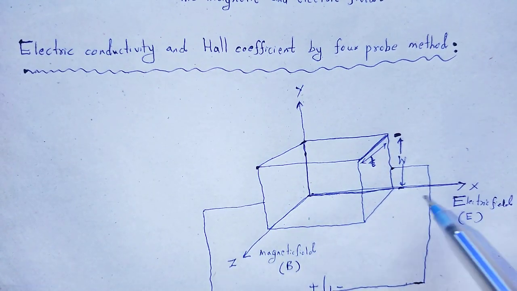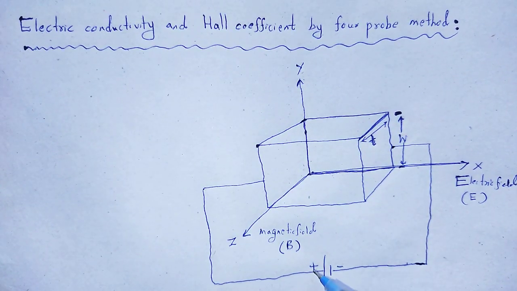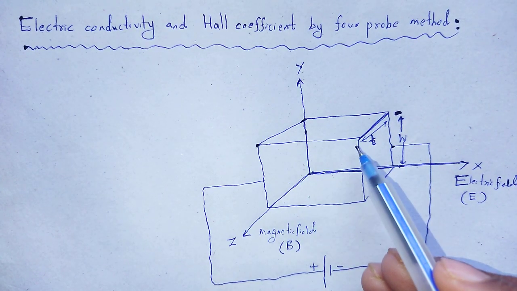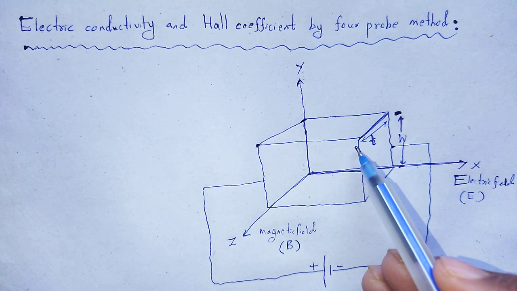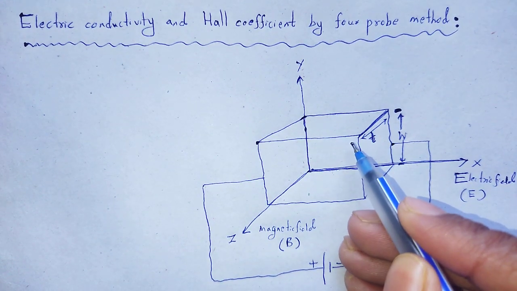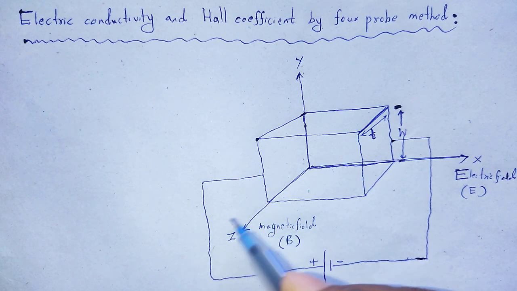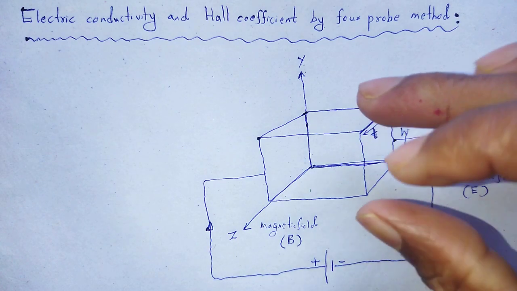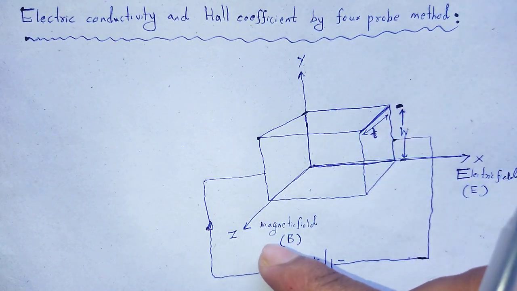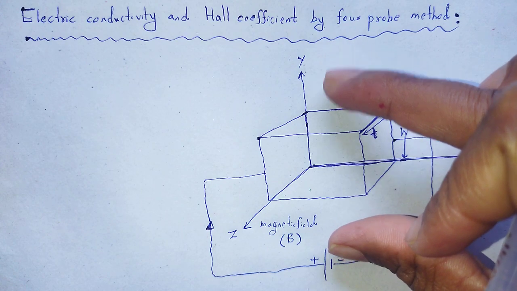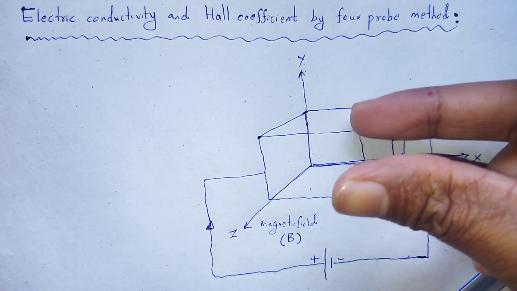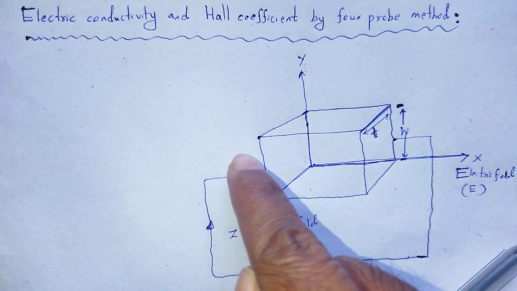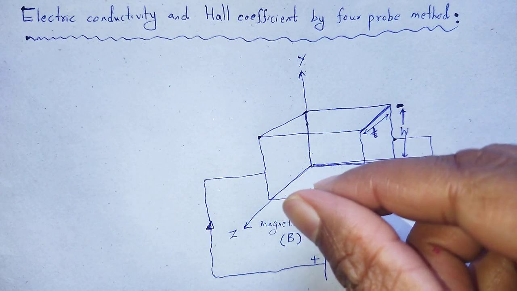The electric field is now along the x direction from positive to negative, with the movement of electrons opposite to the direction of flow of current, and the magnetic field is along the z direction.